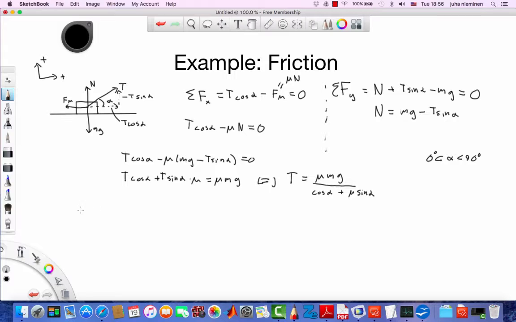So let's evaluate the derivative of this with respect to the quantity of interest, that is angle alpha. It's going to be the derivative of the numerator, which is 0, times this function, cosine alpha plus mu sine alpha. Well, the whole thing is of course 0, so we don't care about that, minus the derivative of what we have in the bottom.